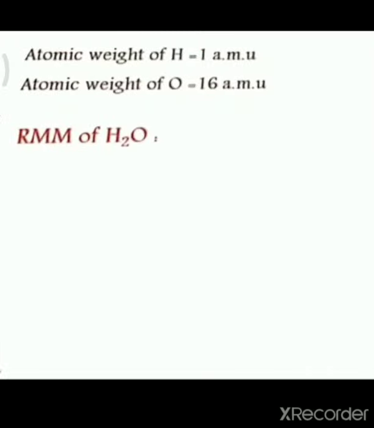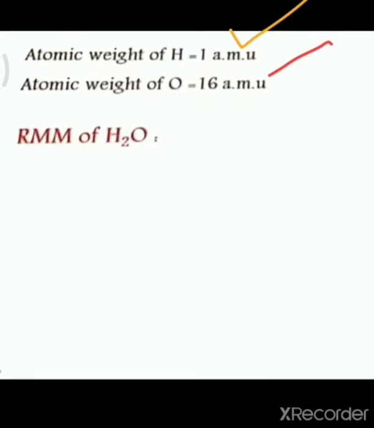Here the atomic weight of hydrogen is given and the atomic weight of oxygen is also given. The atomic weight of hydrogen is 1 AMU and the atomic weight of oxygen is 16 AMU. Then tell me the relative molecular mass of water. That is how we will calculate.